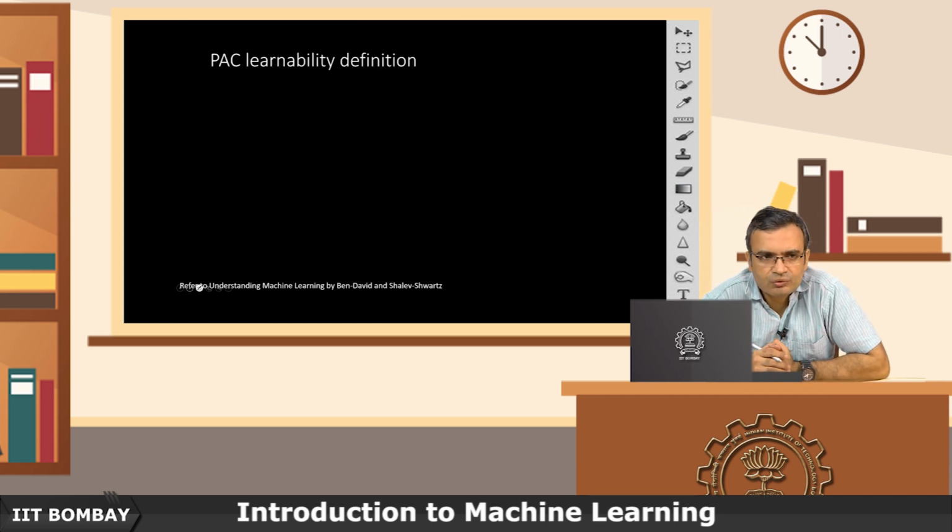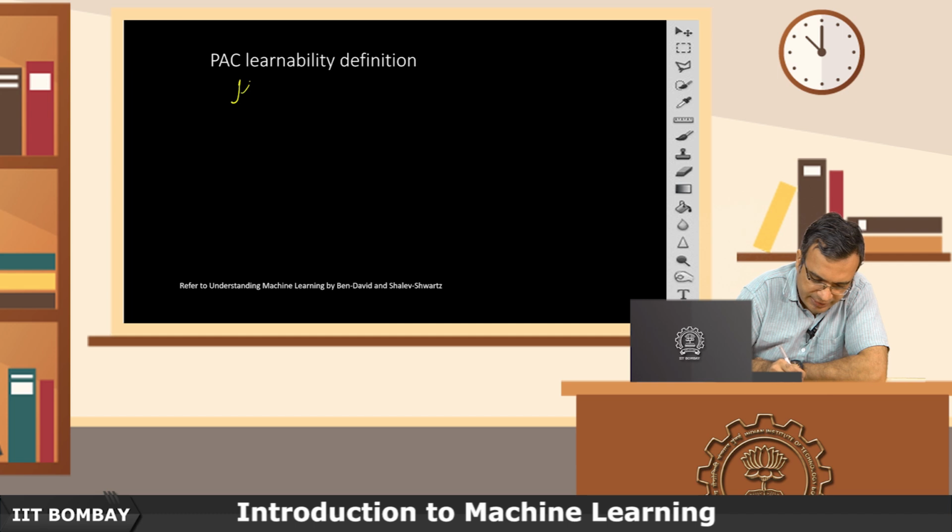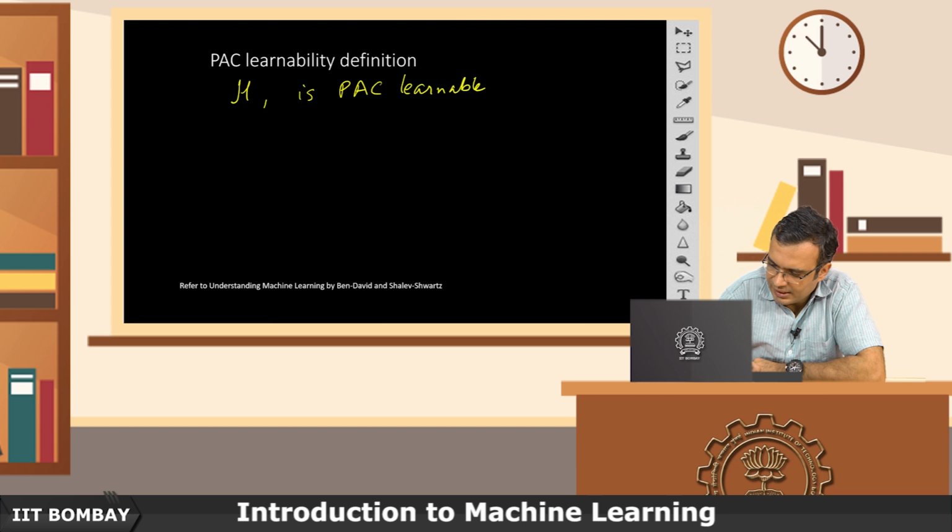So this brings us to the probably approximately correct learnability definition. Let's say we have a hypothesis class H. H is PAC learnable if there exist two things.